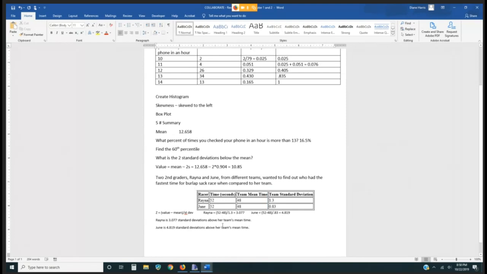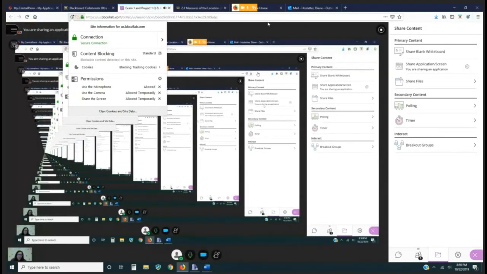Raina is only 3.077 standard deviations above her team's time, while June is further above at 4.819. So in this case, Raina is the fastest, right? She has the fastest time. So that was our review.